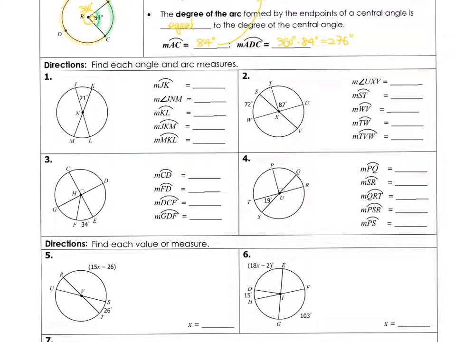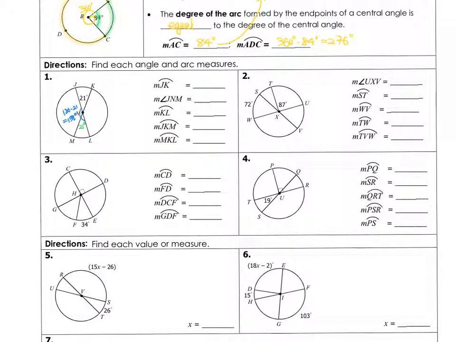In the first example, I'm given 21 degrees, and I also see that this is 21 degrees because they're vertical angles. And also, if I use a different color, notice that this is 180 degrees. JNL is a diameter. That's 180 degrees. Therefore, this part is 180 minus 21, which gives me 159 degrees.